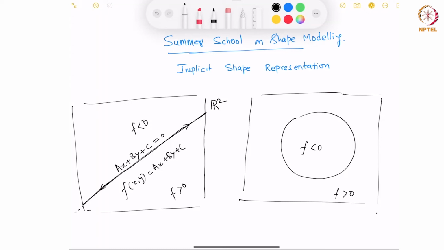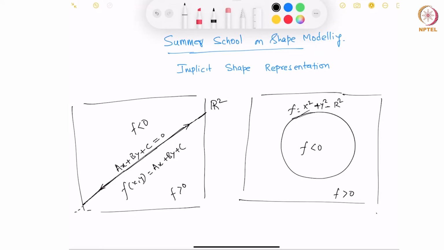You can always invert this negative-positive business by negating f, right? But it is clear that there would be one partition which is positive and the other which is negative. So we looked at the circle, which is f equals x square plus y square minus r square. And we also looked at the straight line.